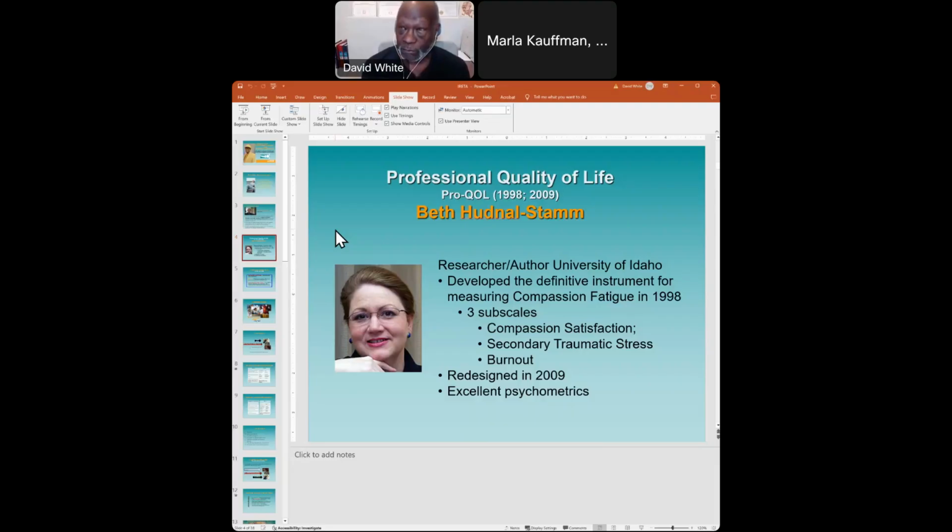It is the definitive instrument used to describe whether a person has compassion fatigue or not. It has 3 subscales: compassion satisfaction, secondary traumatic stress, and burnout. The first version was issued in 1998, and it was redesigned in 2009. It's an instrument that has high psychometric qualities, meaning it's very reliable and the validity is pretty high as well.